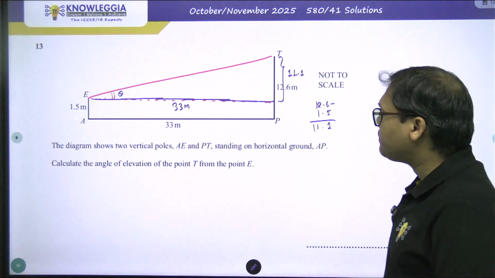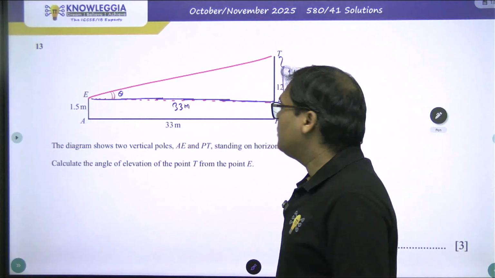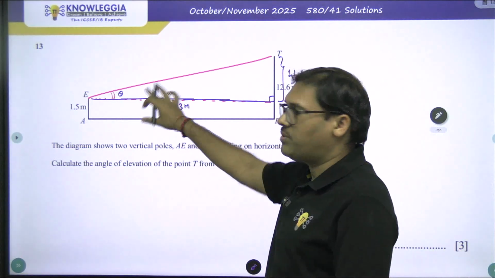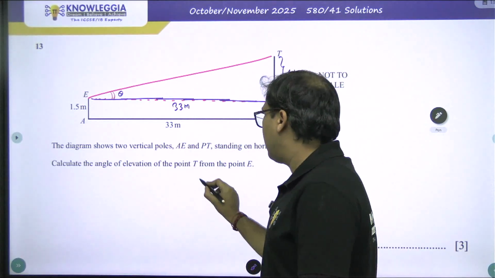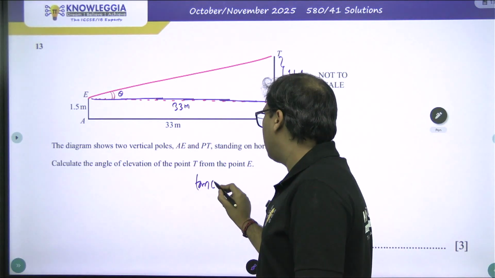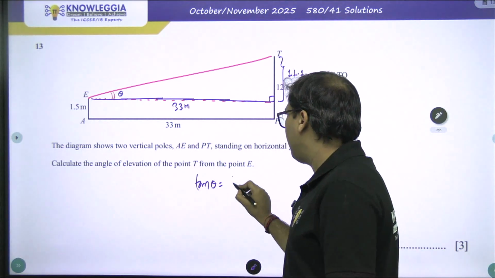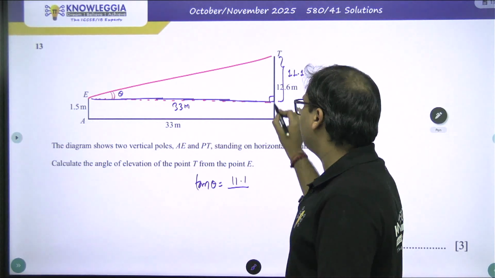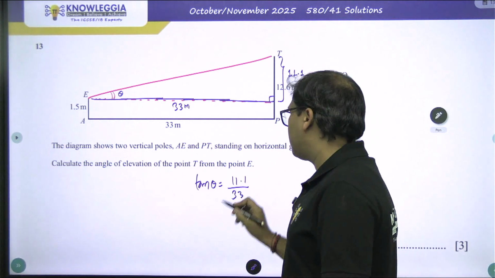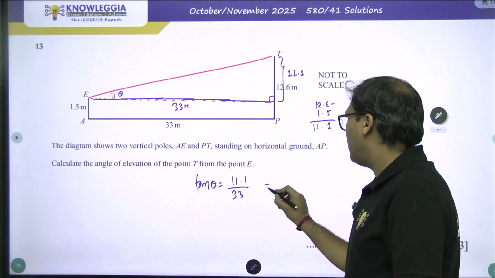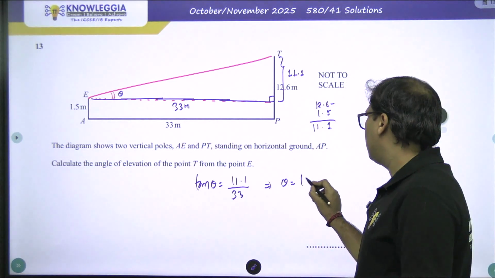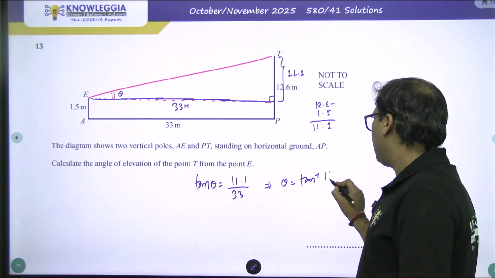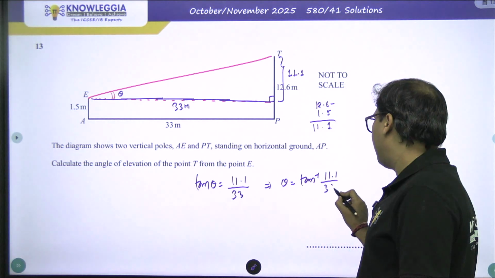Correct? So now, how will you calculate this angle? You can say this angle is 90 degrees, opposite and adjacent. So I can apply tan theta. What is tan theta? This is 11.1, opposite side, and this is adjacent because this angle is 90 degrees. So this is 33. So theta will be equal to tan inverse of 11.1 upon 33.